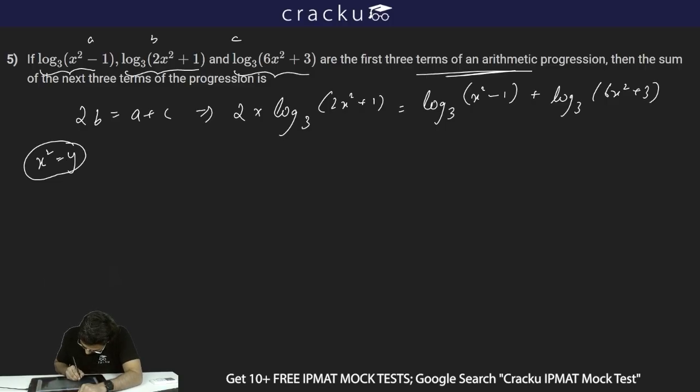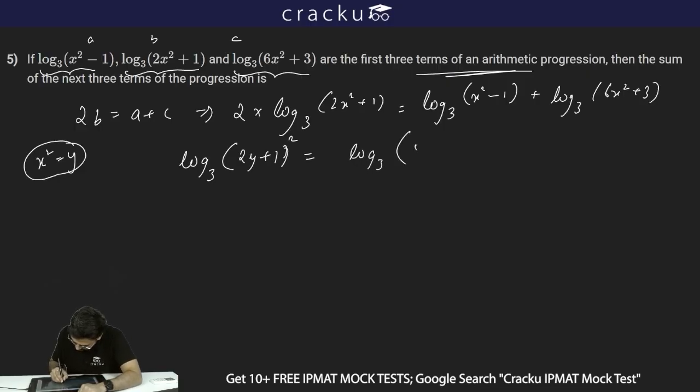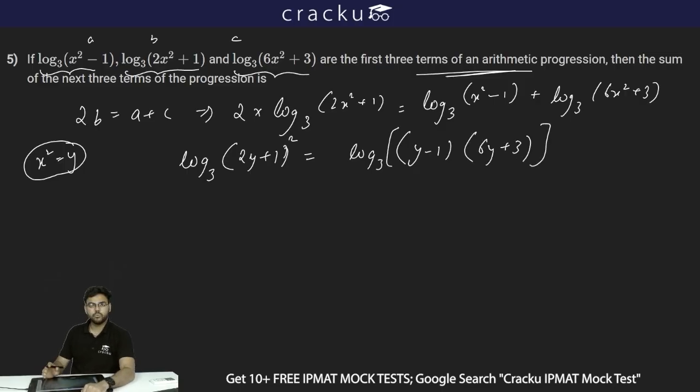So I'll get log base 3 of (2y plus 1) whole square is equal to log base 3 of (y minus 1) into (6y plus 3). Now on both sides we have log base 3, so we can remove this log base 3.